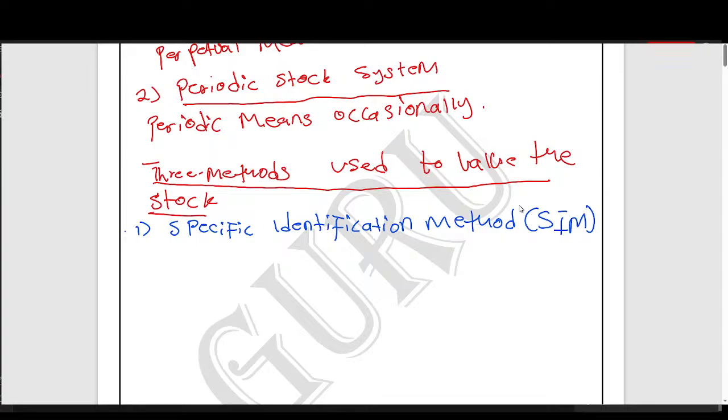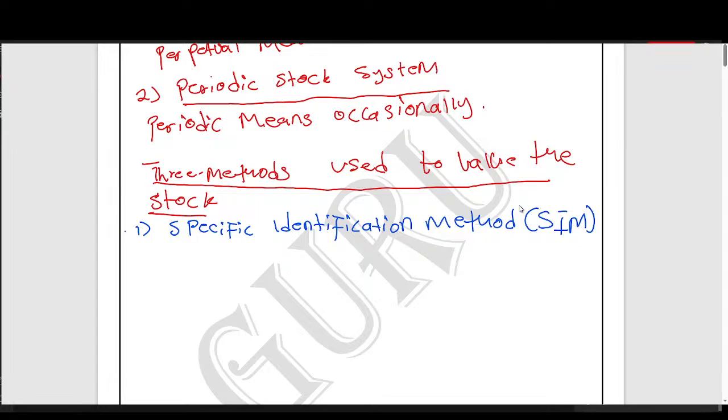But the gross profit doesn't change. It's always sales minus cost of sales. So in all three methods that we're going to go through, the difference is only in the cost of sales. Okay, so our first method is the specific identification.